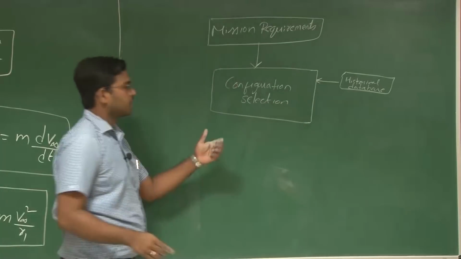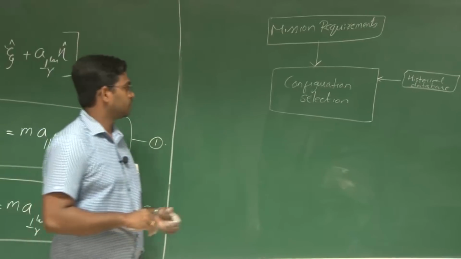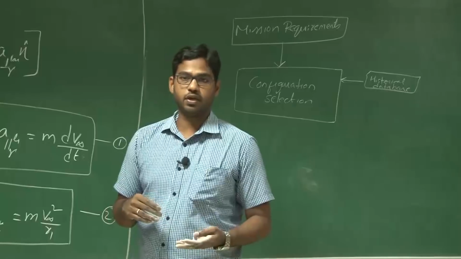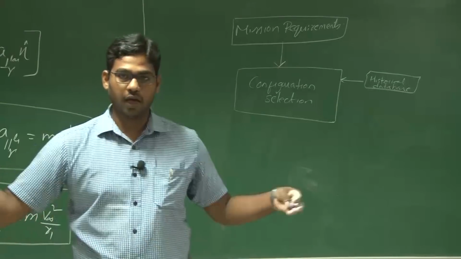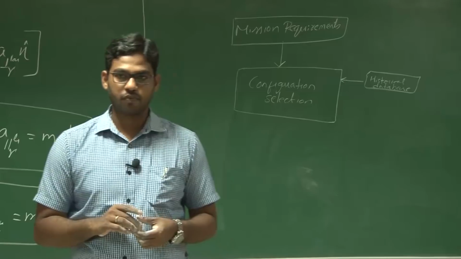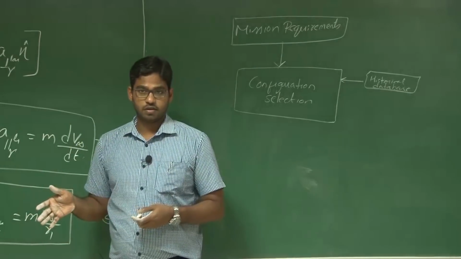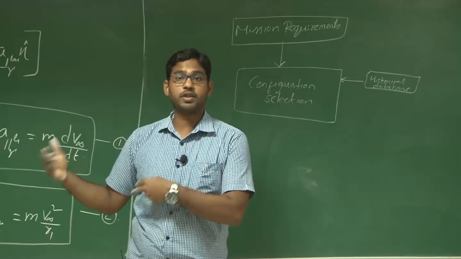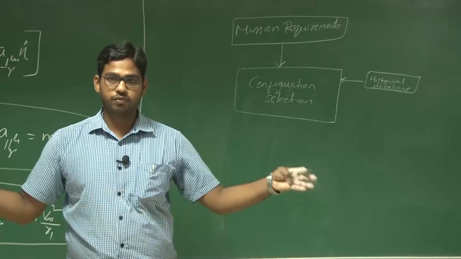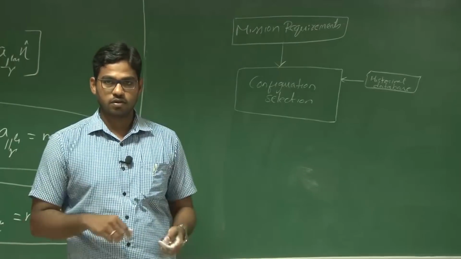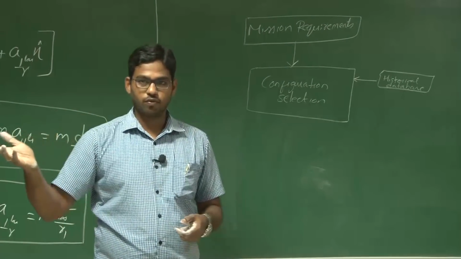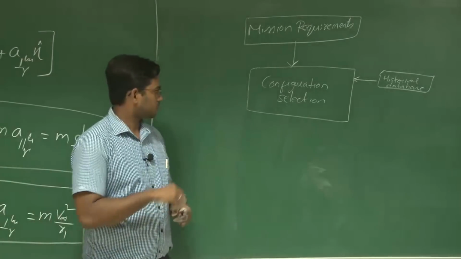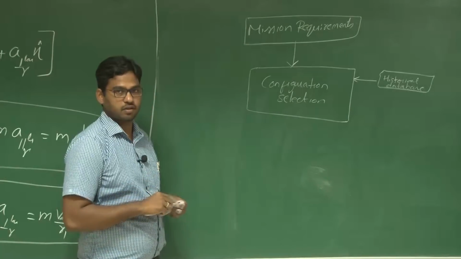So what does this configuration selection include? You need to decide what should be the wing planform. Are you going for a wing alone configuration? Do you have a fuselage, or have you blended the fuselage into the wing? Or do you need a tail? Right? If you need, why? And what should be the size of the tail? And how far the wing and tail should be placed? Why is there a T-tail? Why is there a conventional tail? So all these questions are to be addressed, right? So that is the configuration selection here.